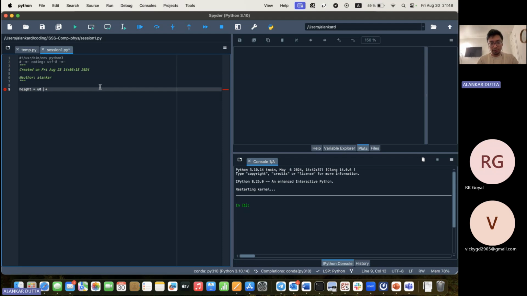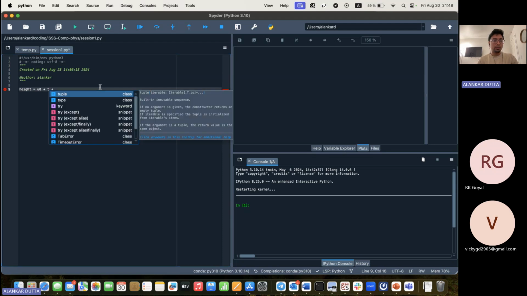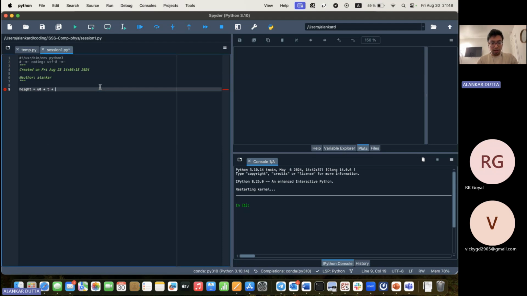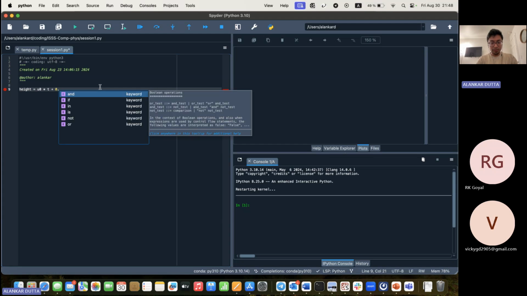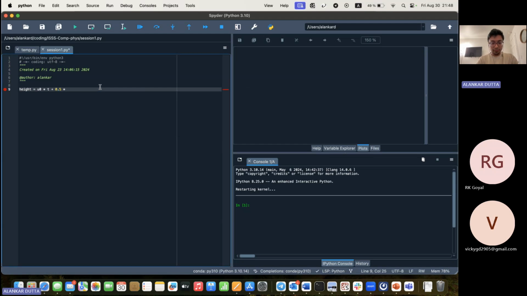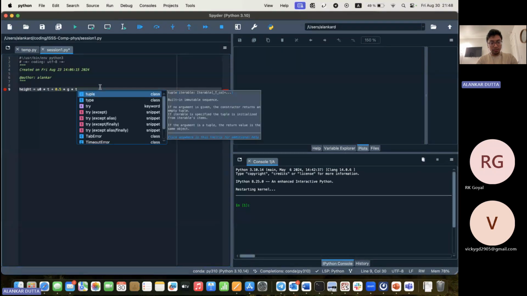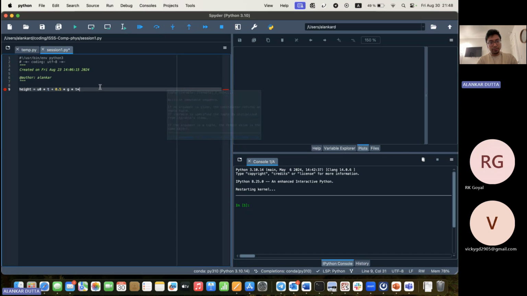So if there is some time which the body travels for, you'll have u0 t plus half, so this will be 0.5 times, if your body is having some acceleration, which is gravity in here, times t square. In Python, your square is just 2, right? So this is generally the thing that you will have. This height is u naught, which is the initial velocity, times time plus half g t square.